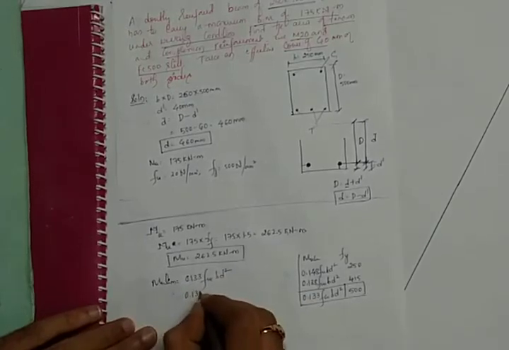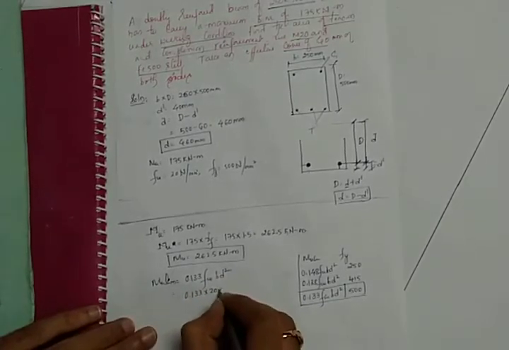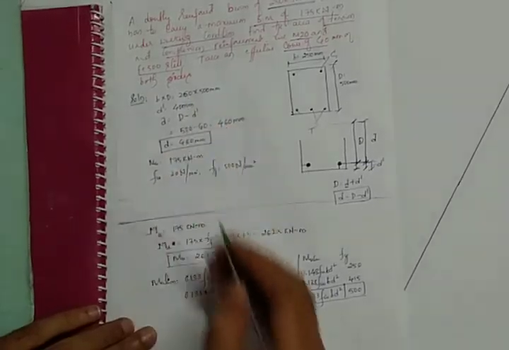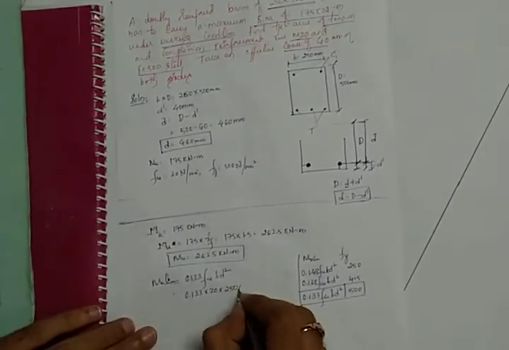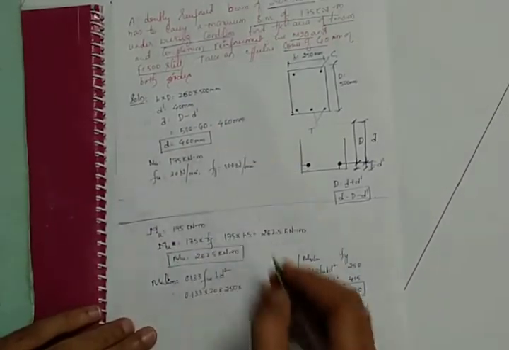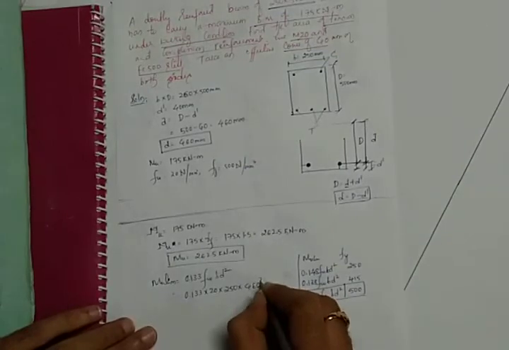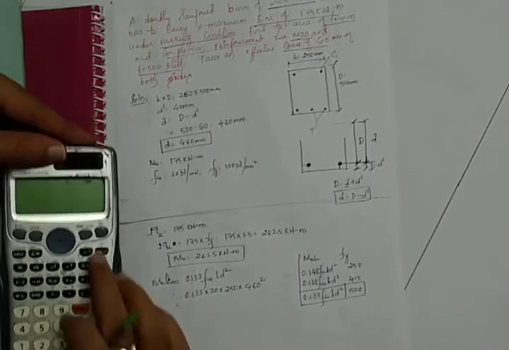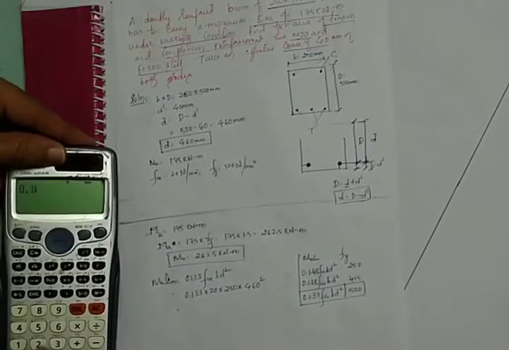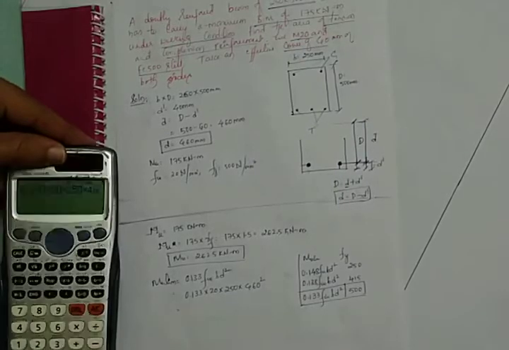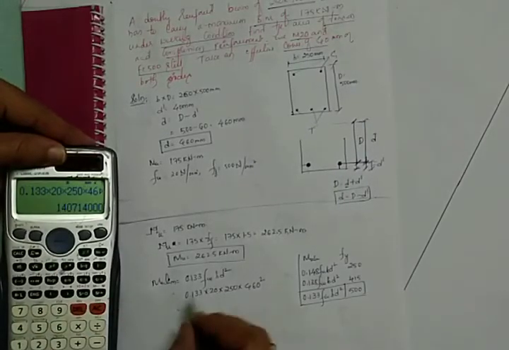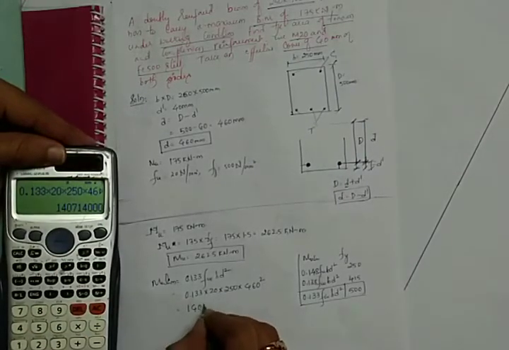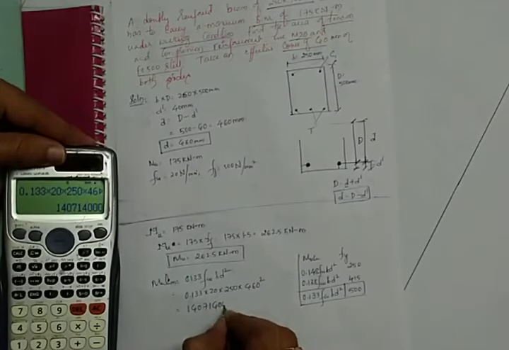Substitute the values: 0.133 into 20 into b, which is known, 250, into small d, which is known, that is 460 square. Don't miss any powers or units. 0.133 into 20 into 250 into 460 square comes to around 140714000.